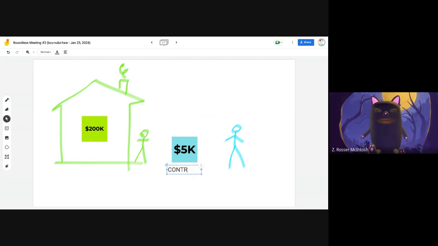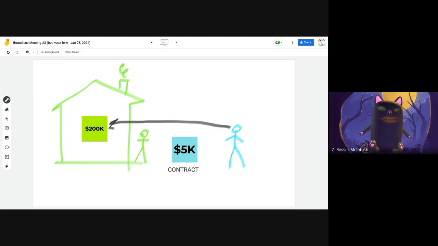Important word. And I now have the right. I have the right to buy your house for 200,000.